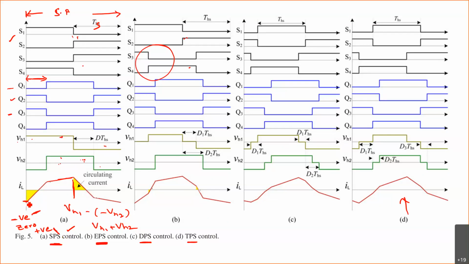This is the point where it starts, and this is the point where it reaches 0. Here the switches are off in the second H bridge, so whether it is increasing or decreasing depends on how much voltage is across the inductor.